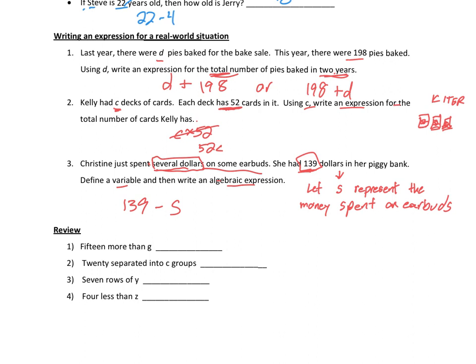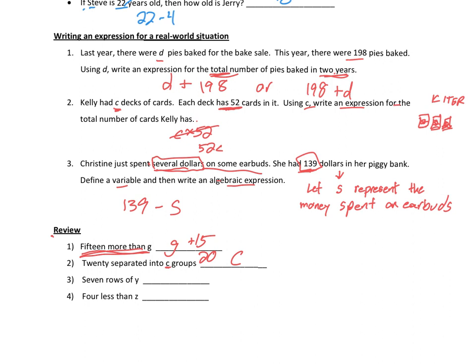All right, a couple more review. 15 more than G. So what are we starting with? Starting with G plus 15. 20 separated into C groups. We're starting with C. No, we're starting with 20.